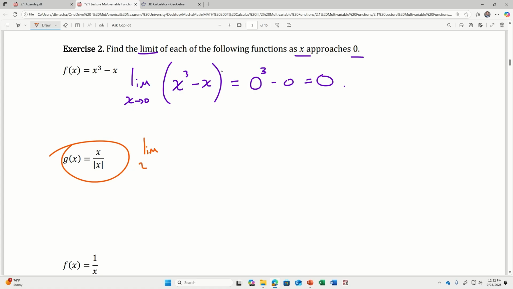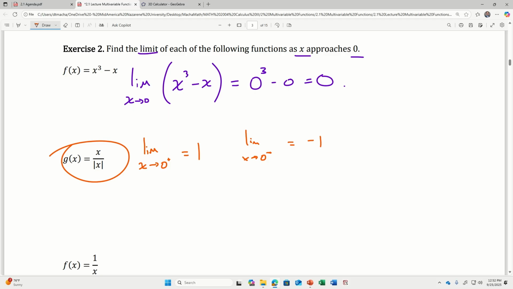Because if x was going to approach 0 from the right side, that limit would be 1. And if x was going to approach 0 from the left side, that limit would be -1. So if the right side limit and the left side limit don't meet up at the same value, then the limit doesn't exist.